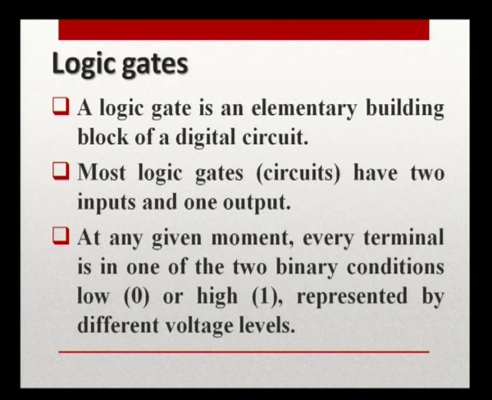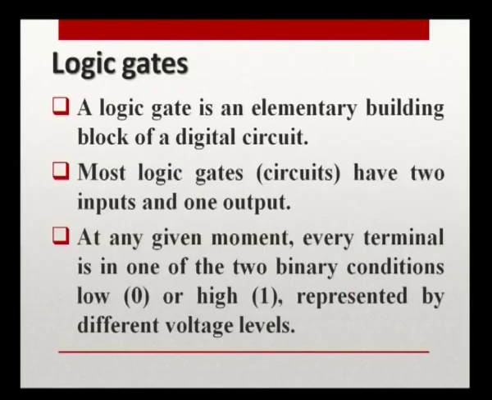Most logic gates or circuits have two inputs and one output. At any given moment, every terminal is in one of the two binary conditions, low, which is 0, or high, which is 1, represented by different voltage levels.